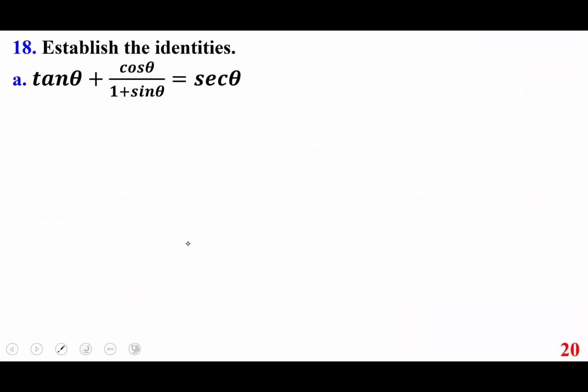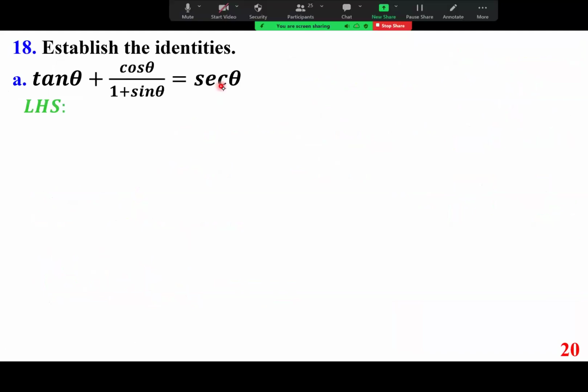Establish the identities, and clearly we start from the left-hand side because it's more complicated. Because we want to get to secant, let's make some changes. For example, let's say tan theta is sine over cosine, and keep going to see what happens. Now we can take a common denominator of cosine theta times 1 plus sine theta. Therefore, sine theta times 1 plus sine theta plus cosine theta times cosine theta.